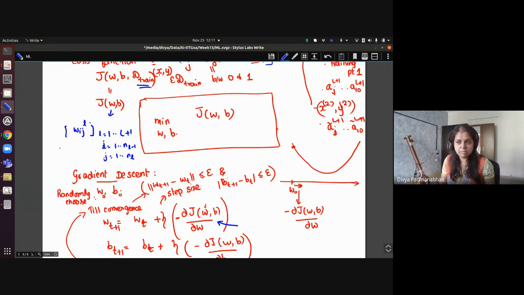So this many parameters will be there. This gradient is going to be a vector of a very large size, and that is the direction in which you will move. It is multiplied with some quantity eta, which we called the step size. That's the terminology in optimization literature. In machine learning, this is also referred to as the learning rate.